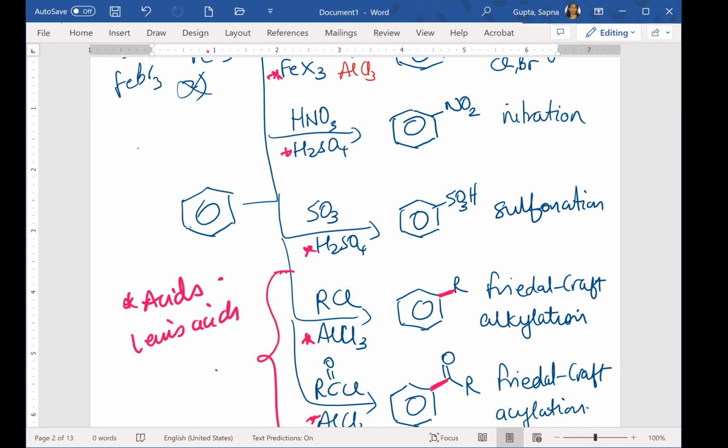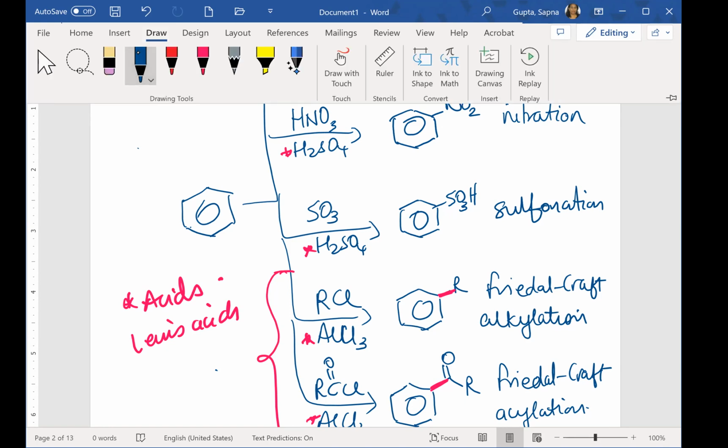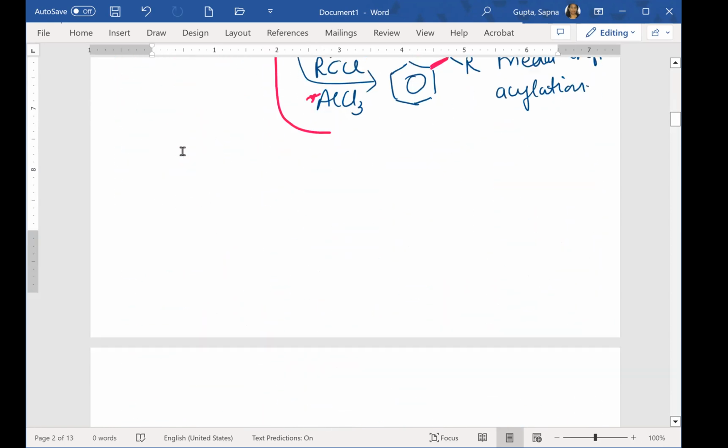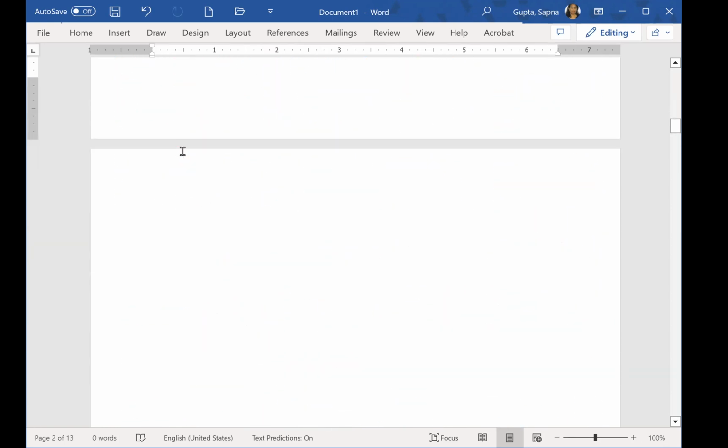FeCl3, iron 3 chloride, is a Lewis acid. Aluminum chloride is also a Lewis acid. That's an important thing, because that's what's going to help us generate the electrophile. So let's start with the first one, which is halogenation.